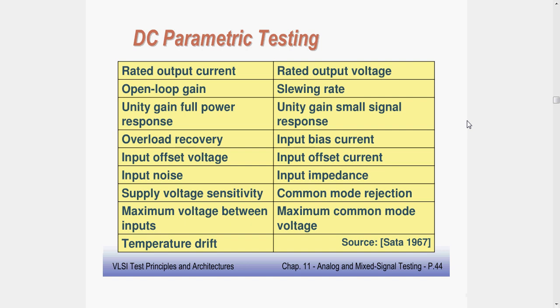If you consider DC parameters: the rated output current, output loop gain, unity gain, overload recovery, input offset voltage, input noise, supply voltage sensitivity, maximum voltage between the inputs, temperature drift, rated output voltage, slewing rate, unity gain small signal response, input bias current, input offset current, input impedance, common mode rejection, and maximum common mode voltage. These are the various parameters that we need to extract when performing DC parametric testing.